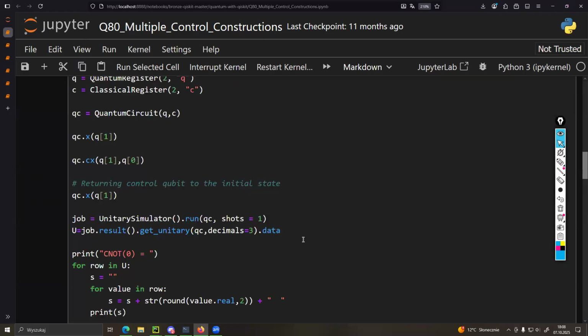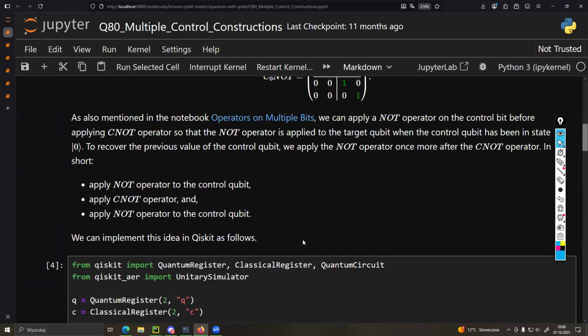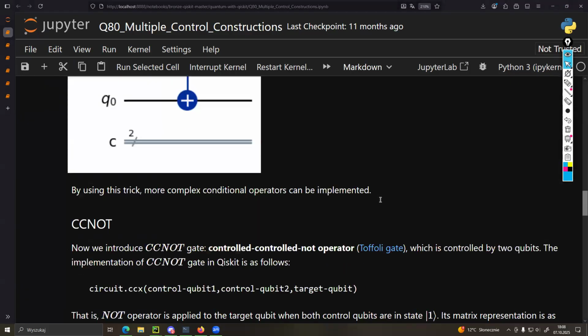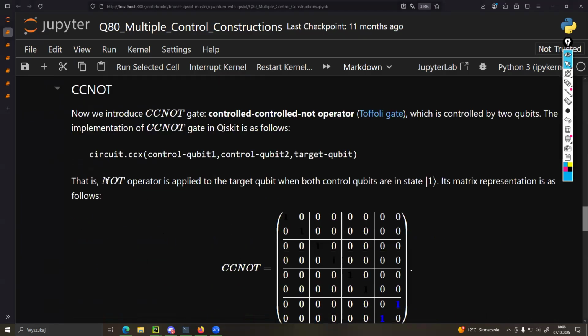So the previous day, yesterday, I was wrong about these CNOT gates with one thing. Most of the things that I have told you hold.